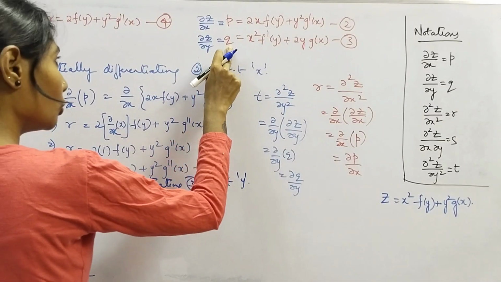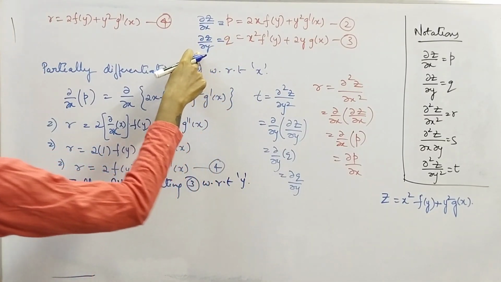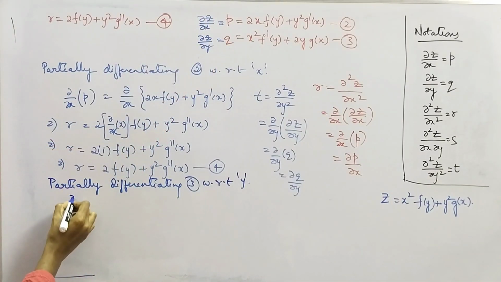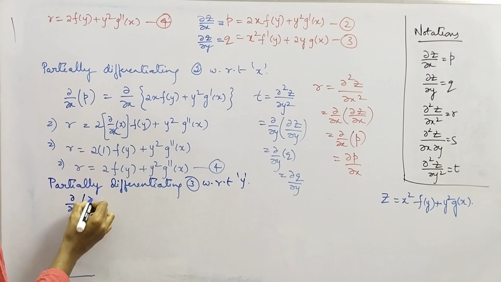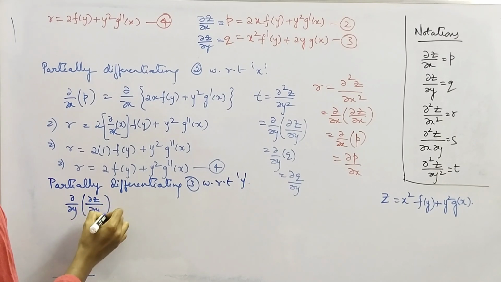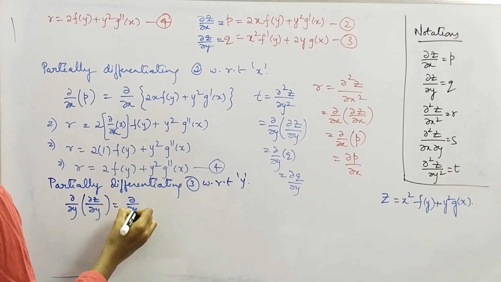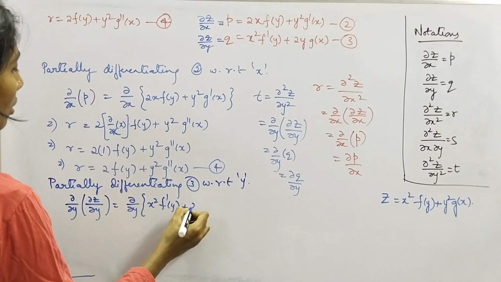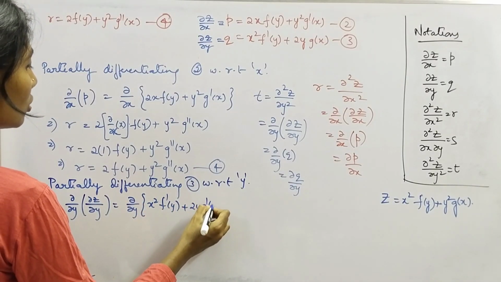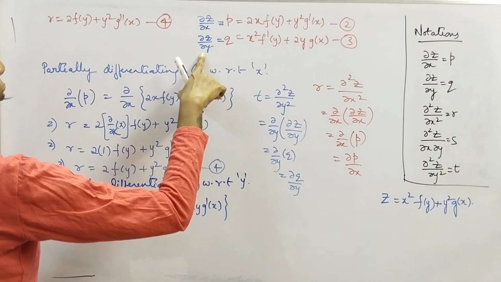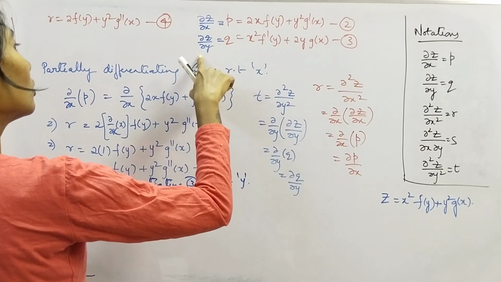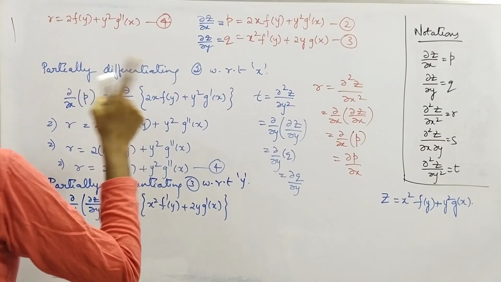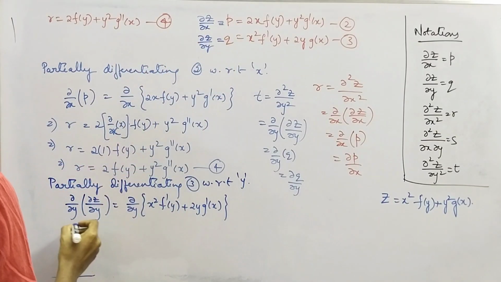Let me try and show you using this. I'll get dou by dou y of dou z by dou y equal to dou by dou y of the RHS part, x square f dash of y plus 2y into g dash of x. Here dou by dou y and q are both the same. Q is nothing but dou z by dou y, or dou z by dou y is nothing but q, simply.